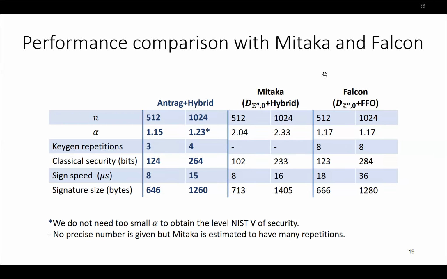So the signatures are a little bit smaller too. And for Falcon in dimension 1024 it is a little bit smaller. And the reason for this difference in size maybe comes from the sampling.